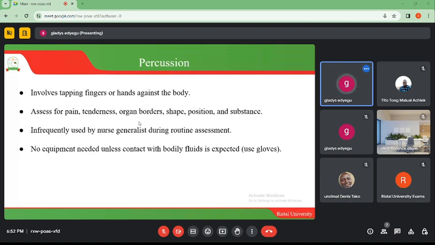So when you percuss the abdomen and you get a resonant sound, or the chest, then that one is normal. But when there is a dull sound, then you can start suspecting an abnormality, either there is fluid, and you will go ahead to do other investigations to confirm, or there is enlargement of the organ, then you can go ahead to do an ultrasound scan to confirm if there is any abnormality in the abdomen or around the organ that you're trying to percuss.